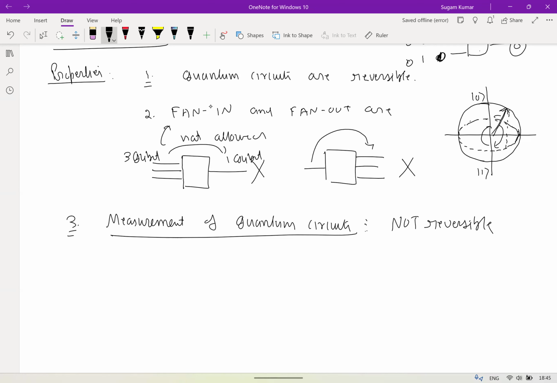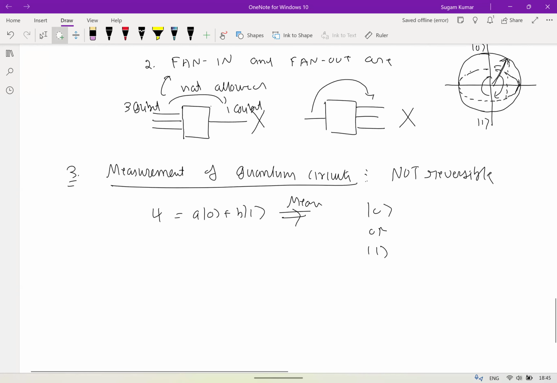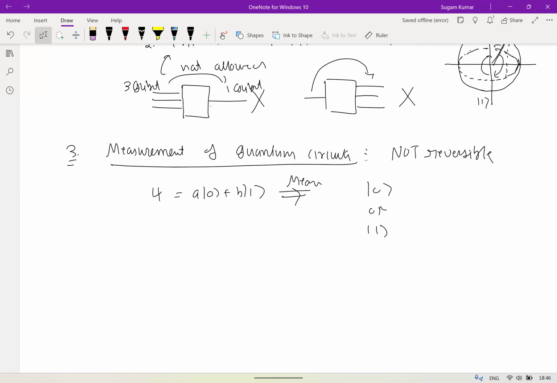Operations are reversible, including superposition; everything up to superposition is reversible. So when you do a measurement, for example, on psi equal to A times 0 plus B times 1, it collapses to exactly one state. It is going to collapse to either 0 or 1, so it is no longer reversible. If you get 0, you can never reconstruct back.